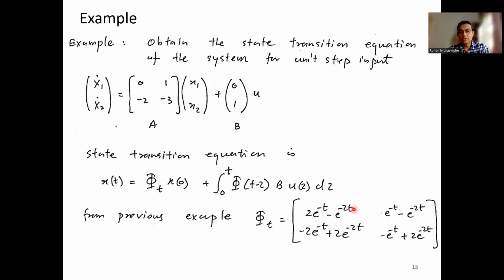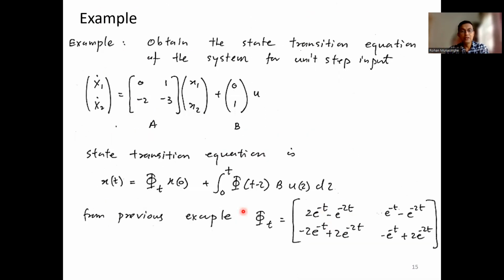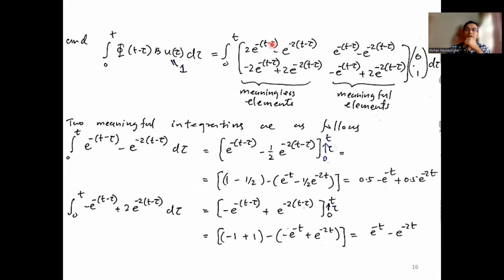Take all the t's out and substitute t minus tau, because in the state transition equation, what you have here is t minus tau, because it is a convolution integral. So then it reads like this. And then you have B, the drive matrix, which is 0, 1, and then u tau d tau.